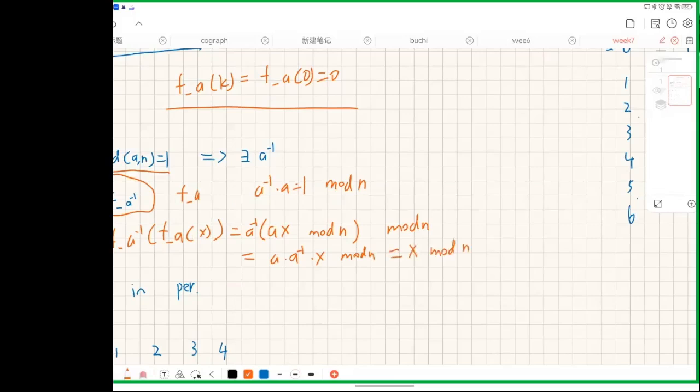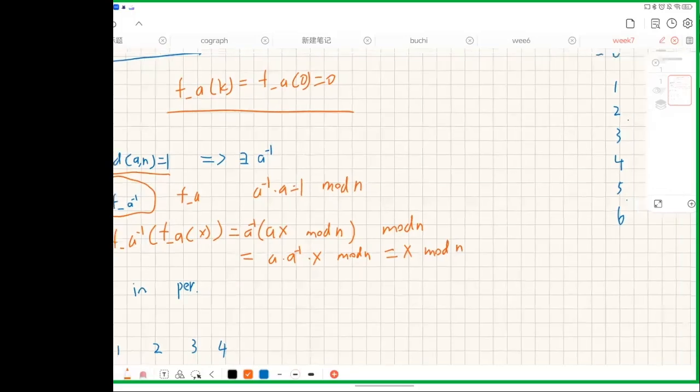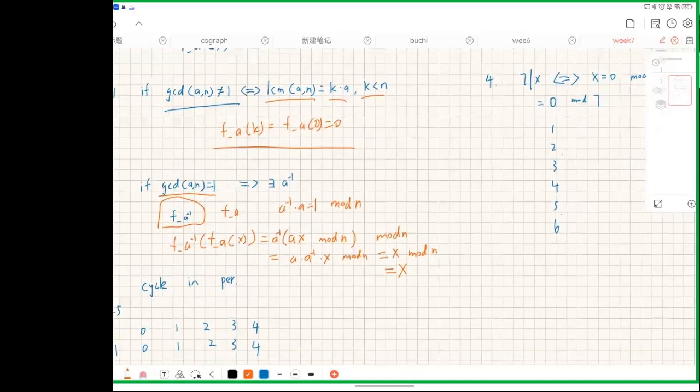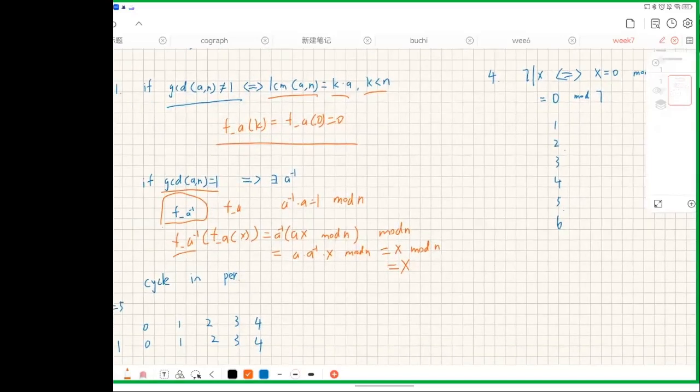And as both the domain and range are smaller than n, this one is just equal to x. This means this one is the inverse function of f_a. And if this function has an inverse function, then this must be bijective, right? So we know that only when gcd(a, n) equals 1, it is a permutation.